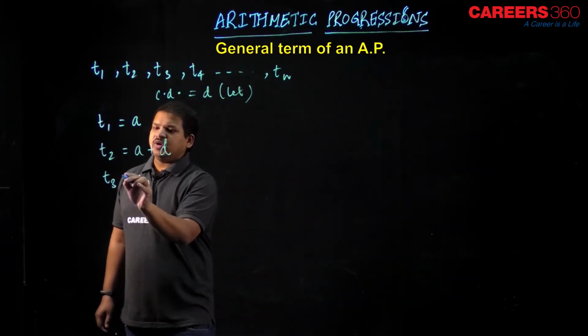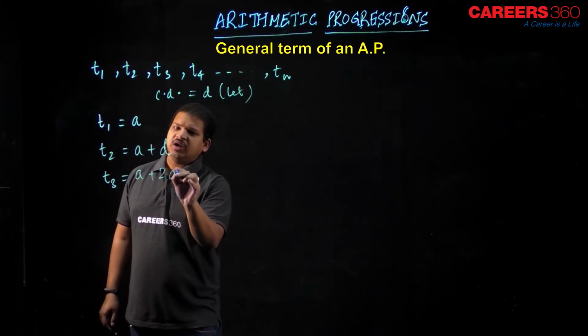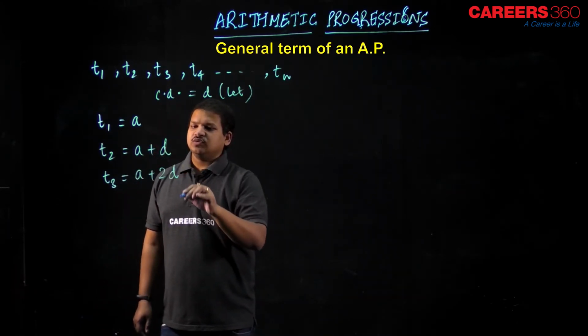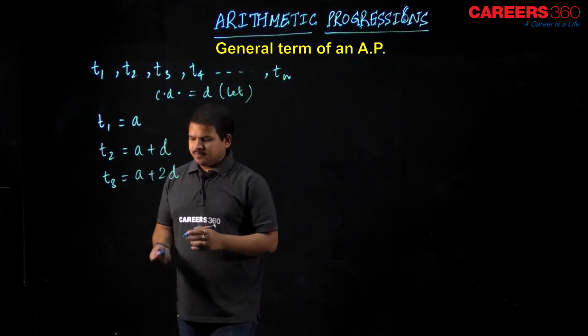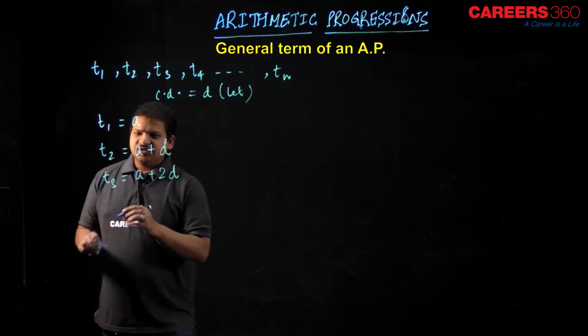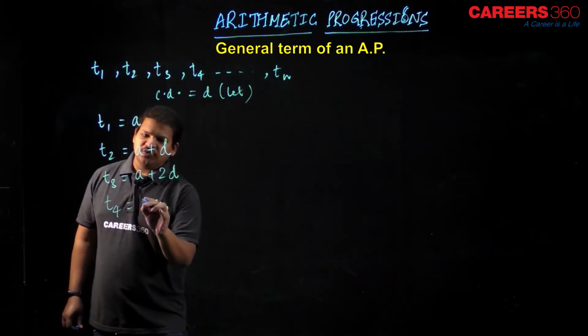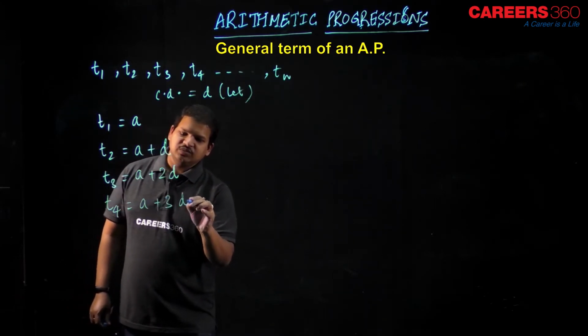And then in order to get the third term, you have to add twice the common difference, right? And then in order to get the fourth term, you have to add 3 times the common difference, right?